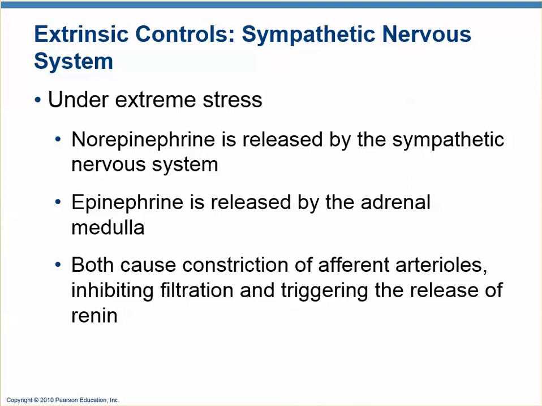It causes constriction of the afferent arterioles. It inhibits filtration, and it actually causes you to then release renin, which then causes angiotensin to increase blood pressure. And all of this is to maintain blood pressure in a fight or flight situation. Basically, it scares the piss out of you, as it were. You produce less urine when you're under stress.